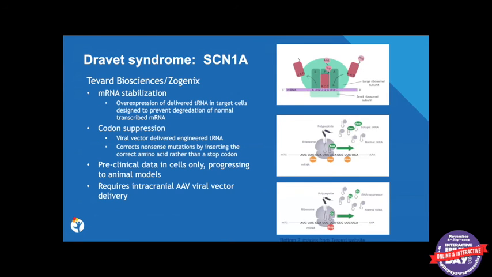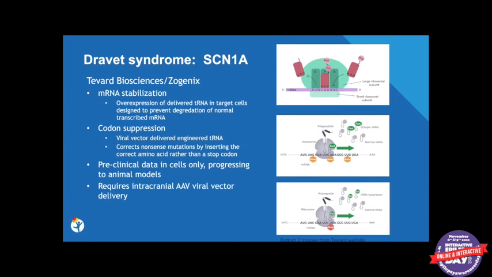A couple other options are being developed as well. This is again upregulating production of SCN1A by adjusting the body's normal processes, overexpressing some of that transfer RNA to prevent degradation and allow more protein to be expressed.